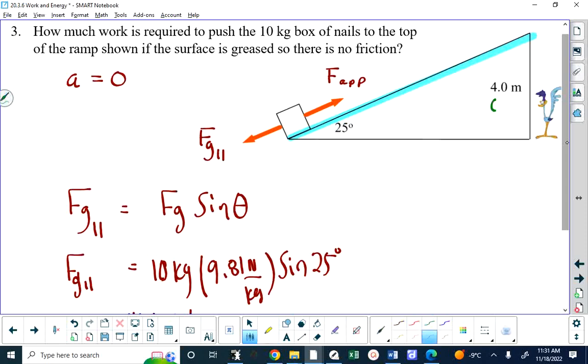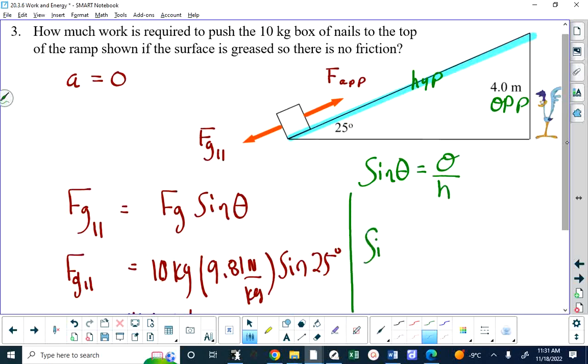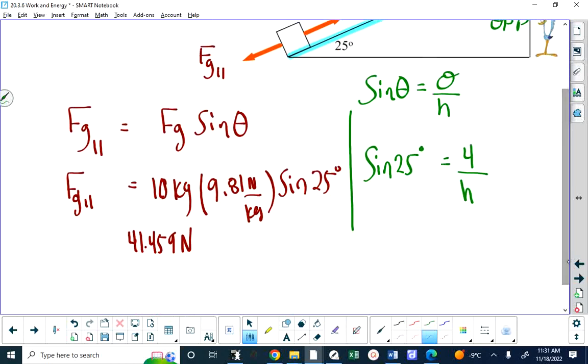This is opposite the 25. This is the hypotenuse. So we're going to use sine of theta equals opposite over hypotenuse. We get sine of 25 degrees equals 4 over the hypotenuse. So we can find the hypotenuse, and then we can find the work done by going force times displacement.